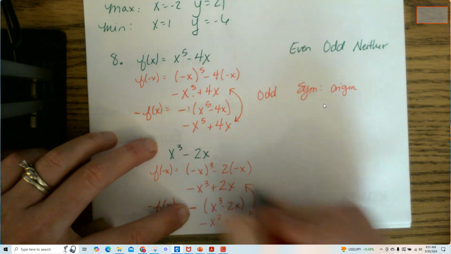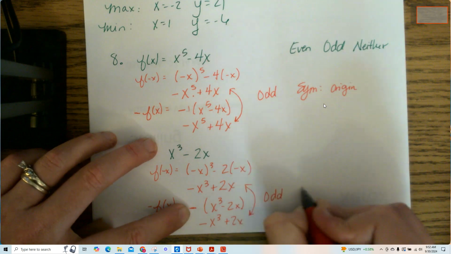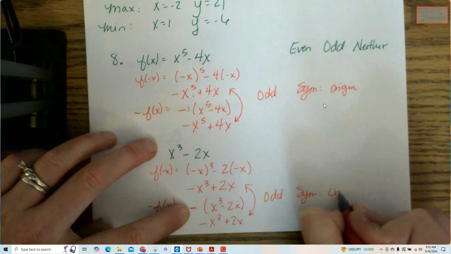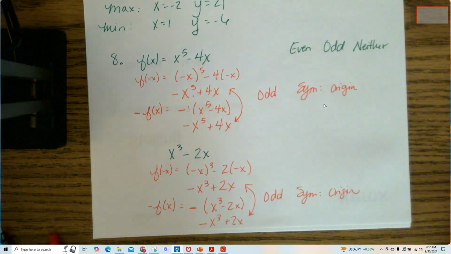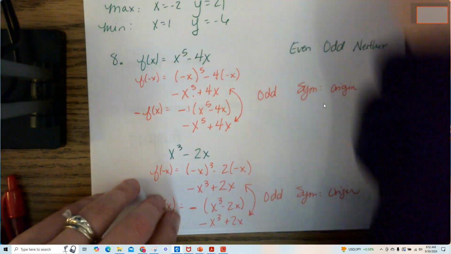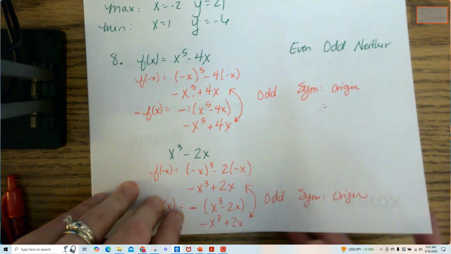We've got a match, so it's odd, and it would be symmetric to the origin. Okay, anything else?